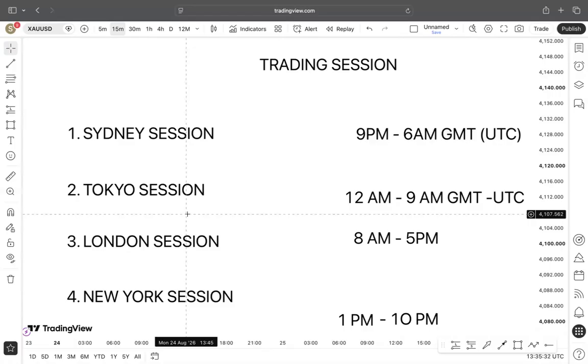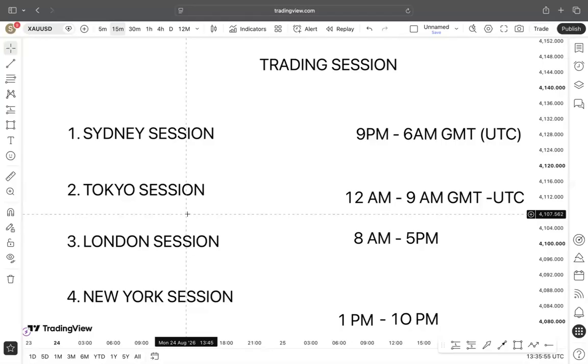And then for the Tokyo session, trading activity is usually with the Asians, and the pairs that are active are the JPYs, the Japanese yen and all that. Yes, mostly the Japanese yen because it is the Asian currency. And in the Asia session, the Asians are most active.